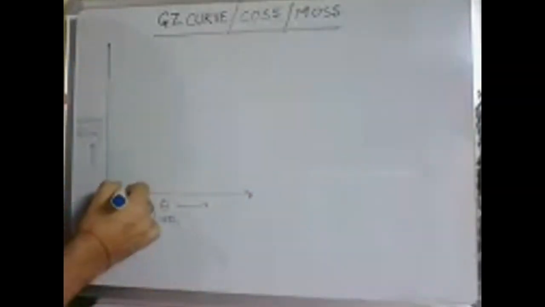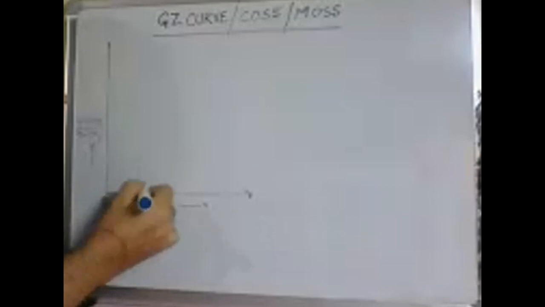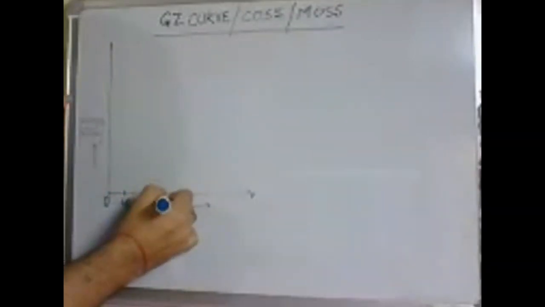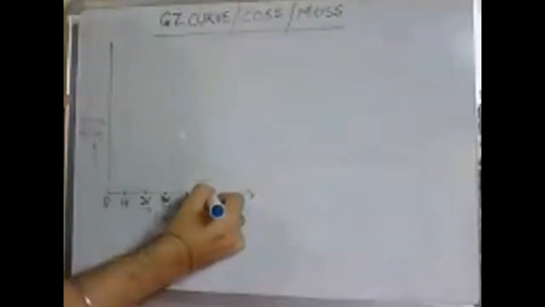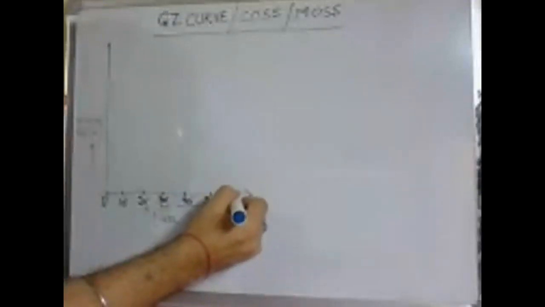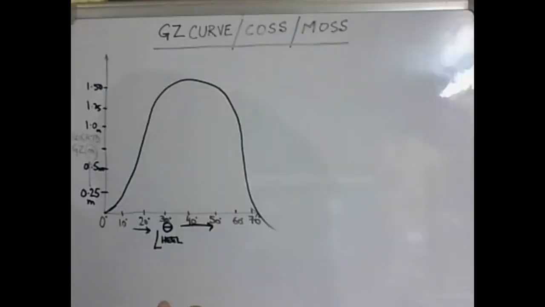So theta will be 0, 10, 20, 30, 40, 50, 60. Okay? Shall I move ahead?